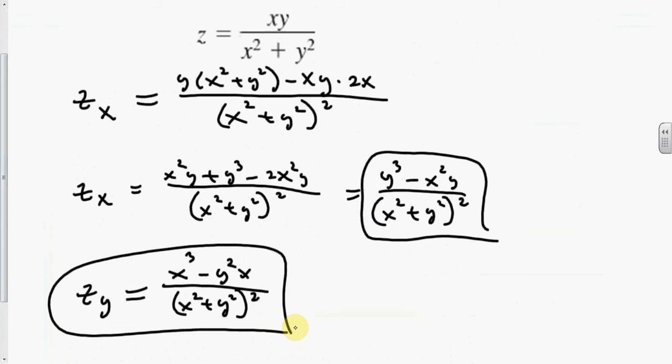Now this guy would not be symmetric if you had z equal to x over x squared plus y squared. See that? That guy is not symmetric. So the partial of z with respect to x here would have a different form than the partial of z with respect to y.